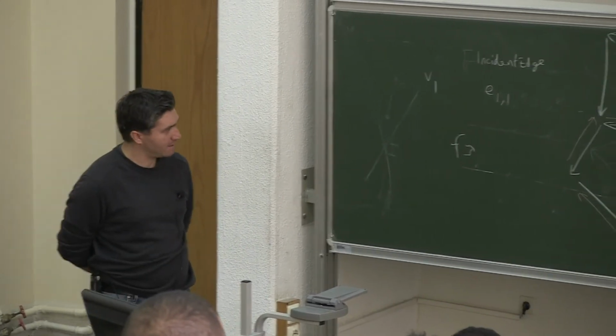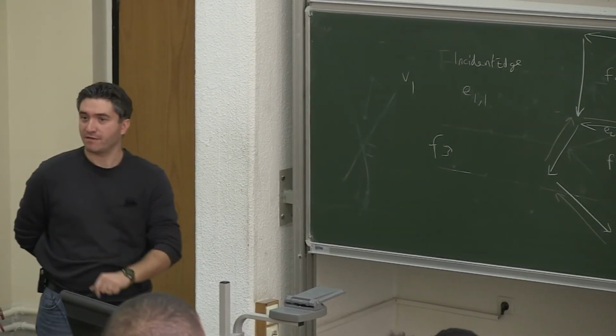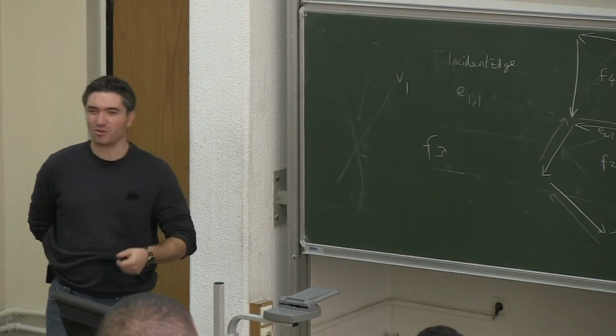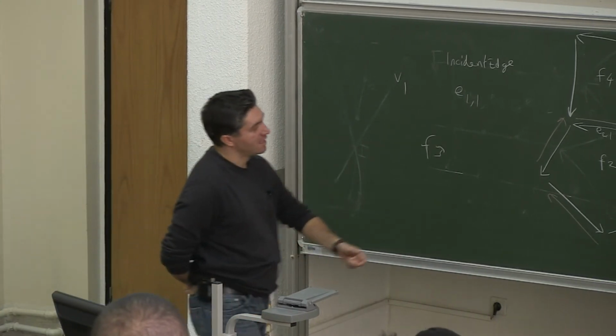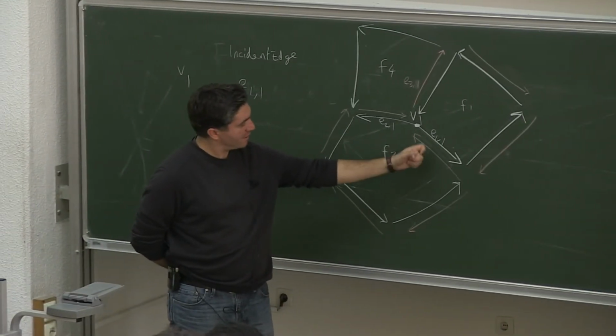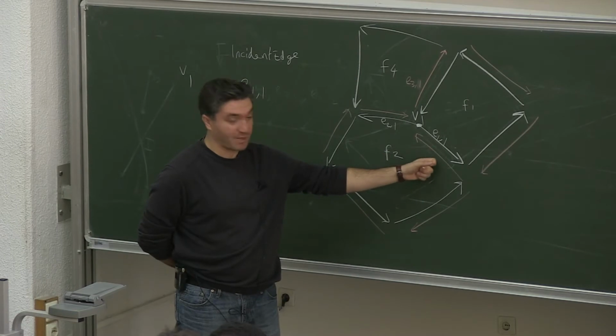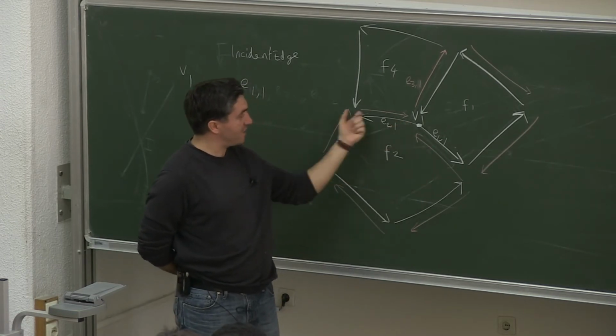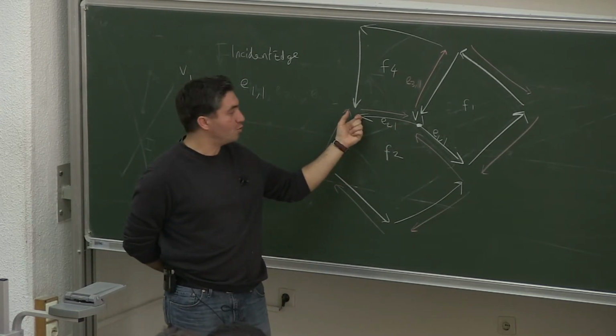So let's use the idea that we have come up with. So the next of their twin half edges. So E11, the twin of E11 is this pink half edge. Its next is E21. So we have found E21.